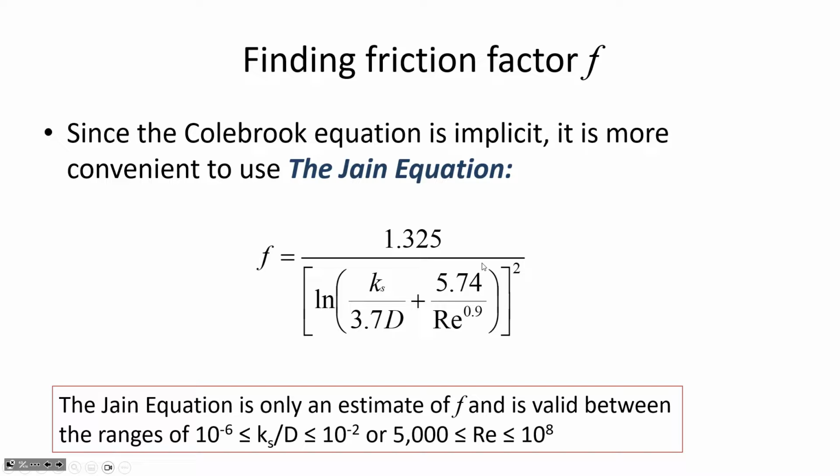So both of those things contribute to finding out what's the f value. The pipe material compared to the pipe diameter is part of it, and also part of it is the flow conditions. And so f could change even for the same pipe. So let's say you've got a cast iron pipe. If you have cast iron and water is flowing through it slowly, you'll have one f value.